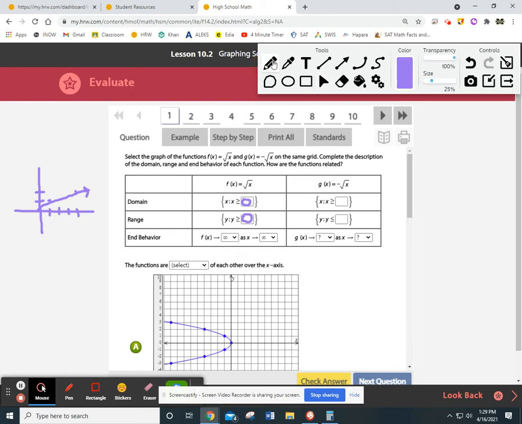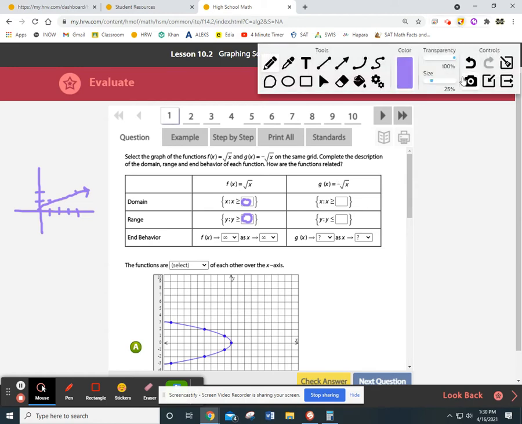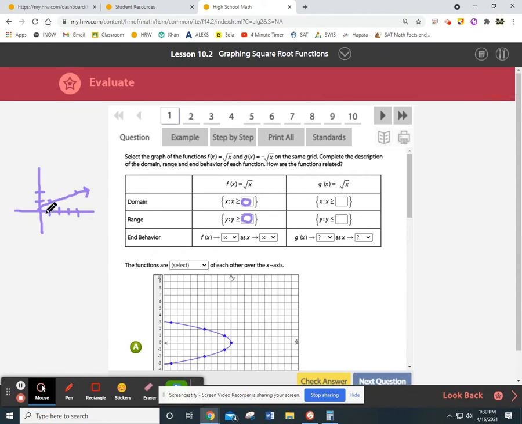So as I go to the right, the graph is going to keep going up. Now, if I look at a negative square root of x, that means it's opening down. So instead of opening up, it would be opening down. I'd have (0, 0), then (1, -1), and then (4, -2). My x's are still going towards positive infinity.